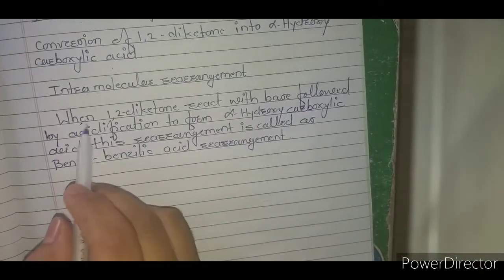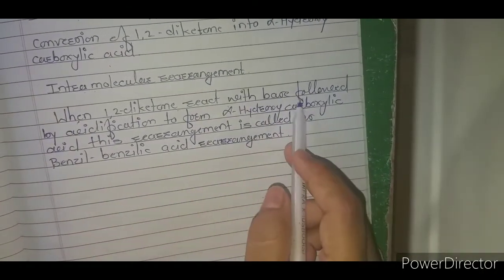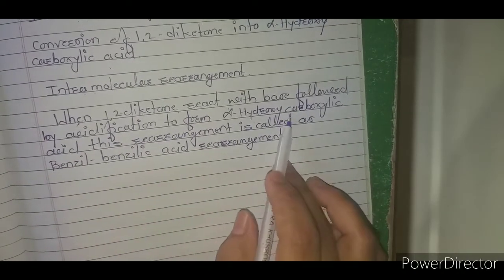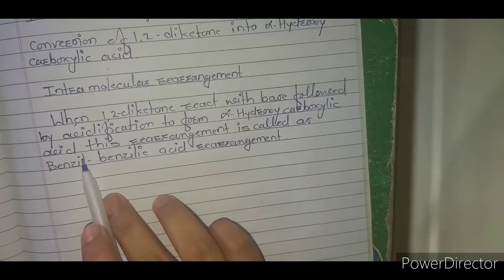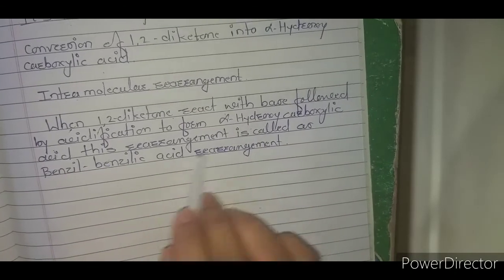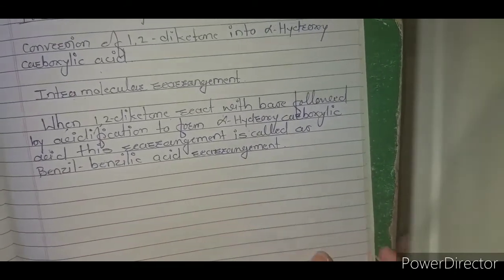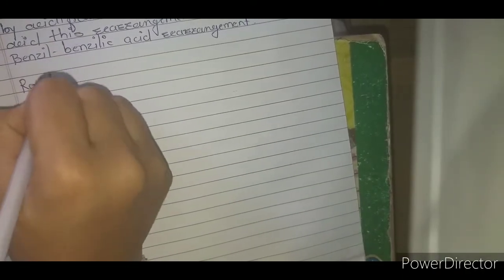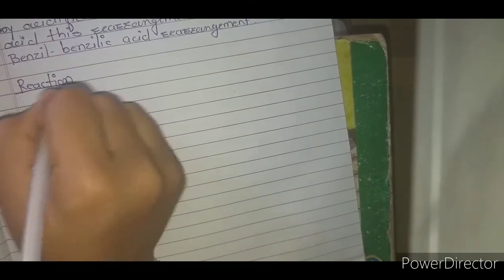What happens? When a 1,2-diketone reacts with base followed by acidification to form an alpha hydroxy carboxylic acid, it's called the benzilic acid rearrangement. Okay, so let's see the reaction.